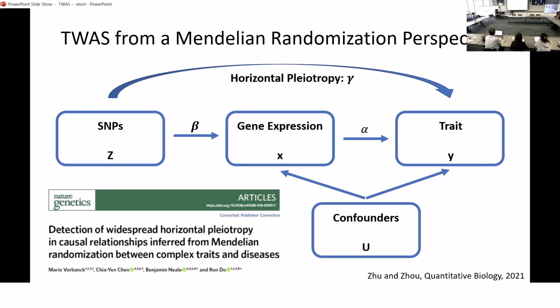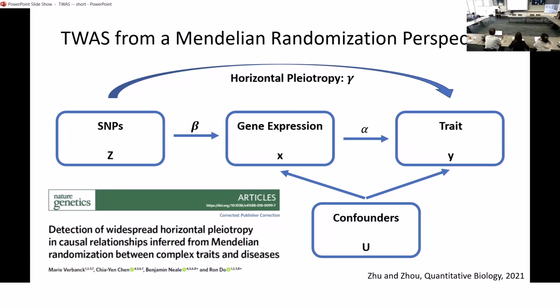The SNPs sometimes will have effects on the trait without going through this particular gene expression, because you can imagine the SNP may affect other genes in the local region. The SNP may affect methylation, ATAC-seq, or chromatin modifications in order to affect the trait. So it's possible that the SNPs exhibit effects on the trait not through the particular gene expression.